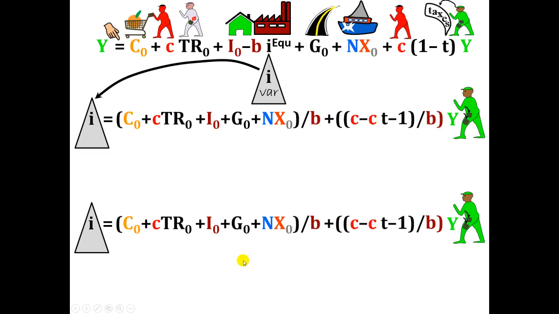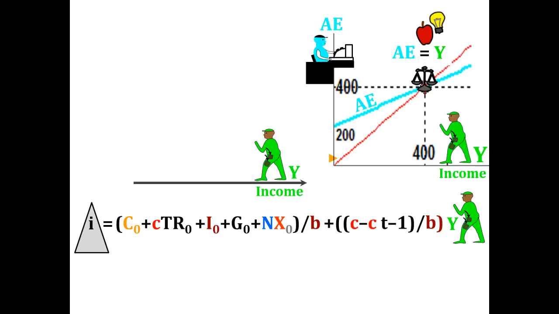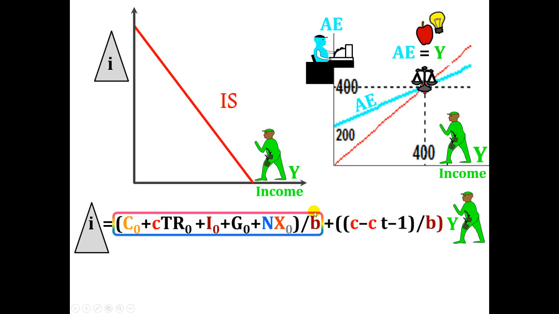So what we are going to do to find that out is take everything that is not affected by y, and this is the intercept. Everything is positive here, so we get a positive point here. And this is the slope.